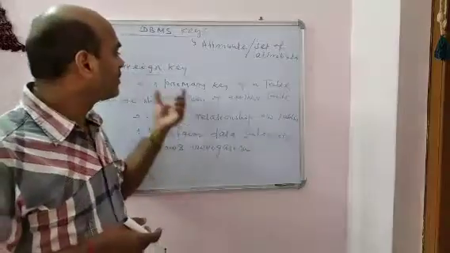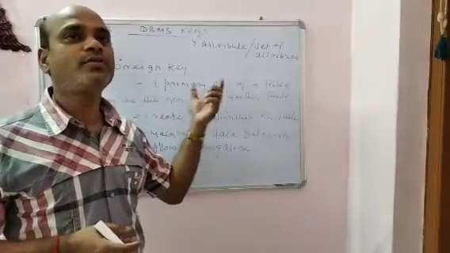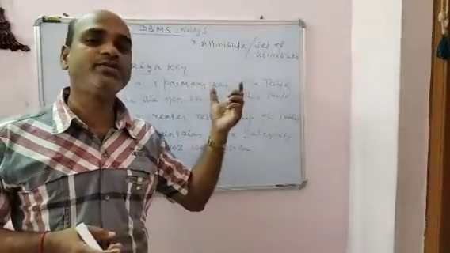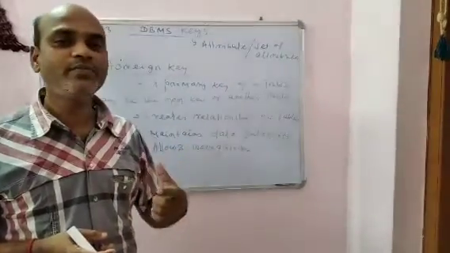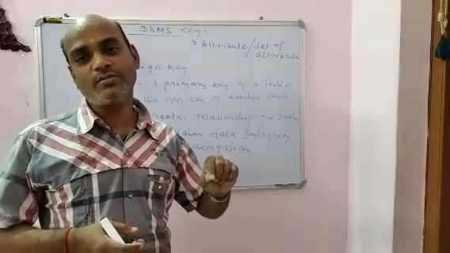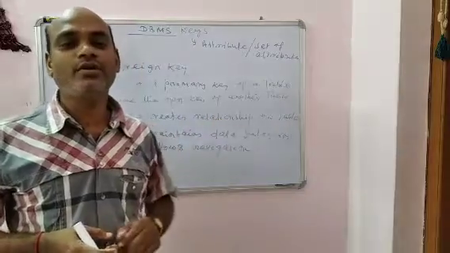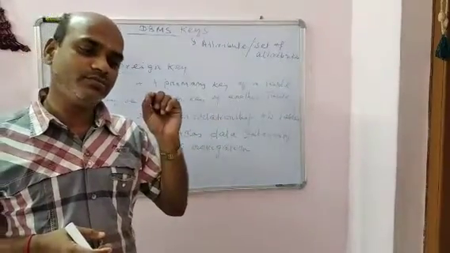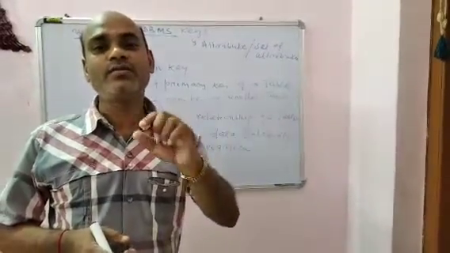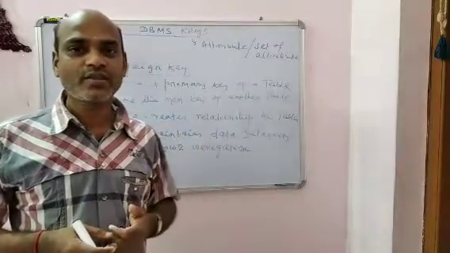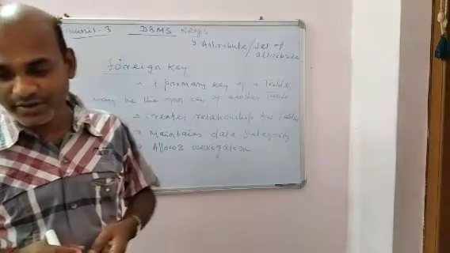Suppose we are putting the entity value person ID 101. While manipulating, suppose the current record is person ID 101. That's the instance value, the instance of the entity.